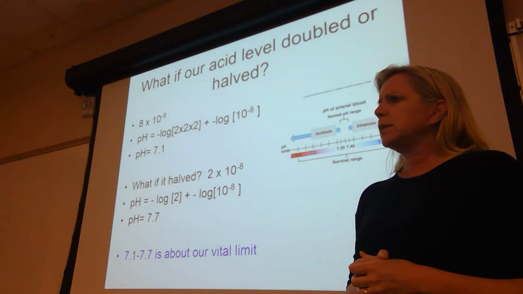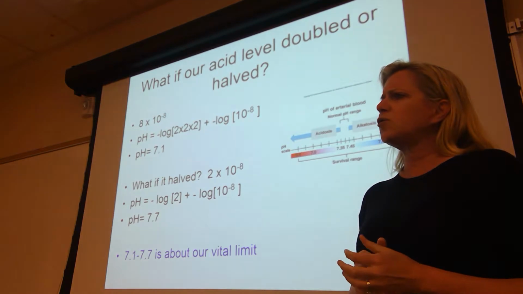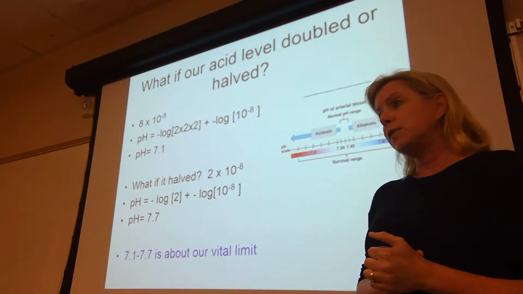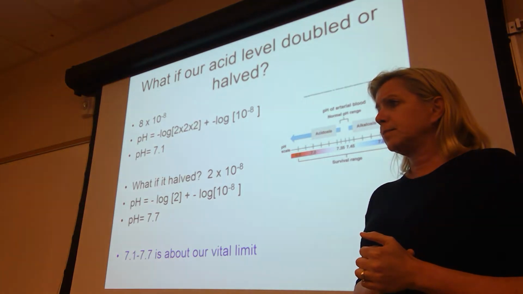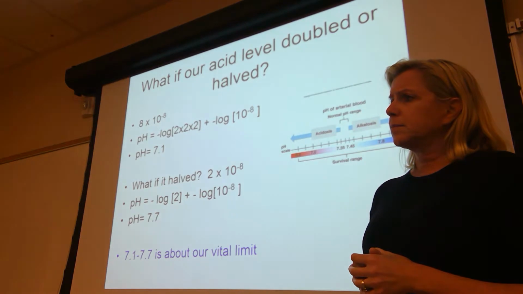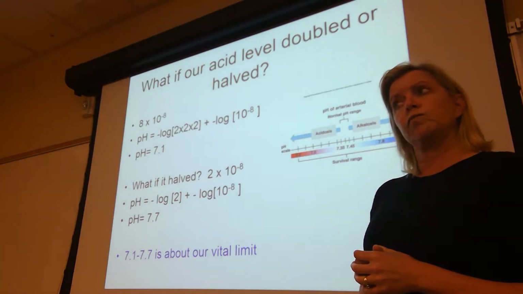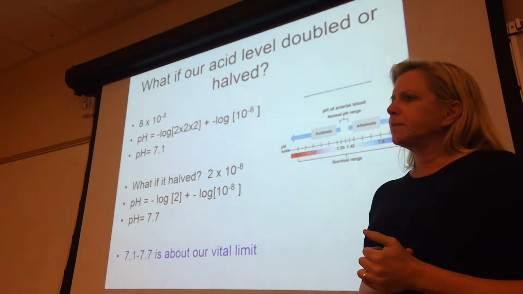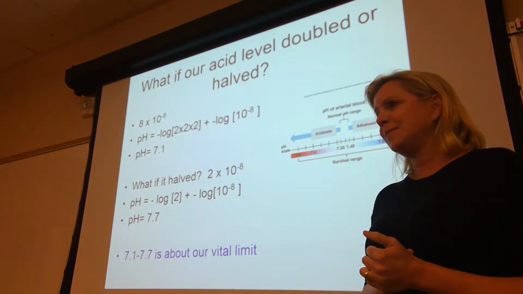If you calculate a pH in your patient of 28, you've done something wrong. Why would I give you a patient that is clearly dead? If you calculate a pH of -2, you've done something wrong.